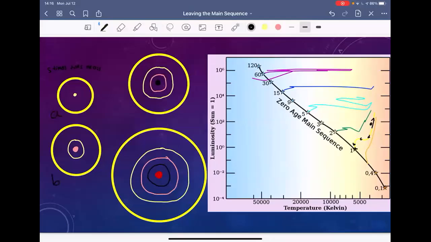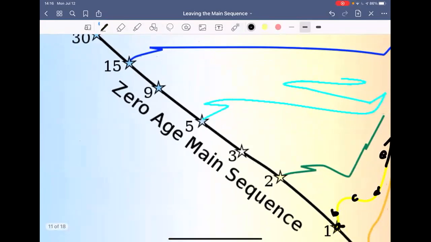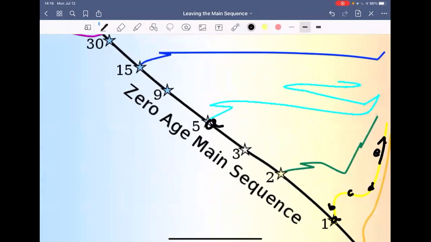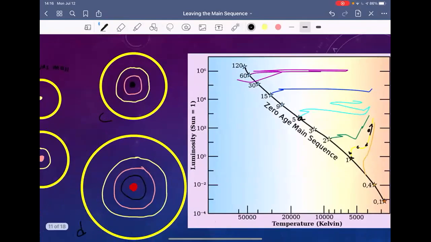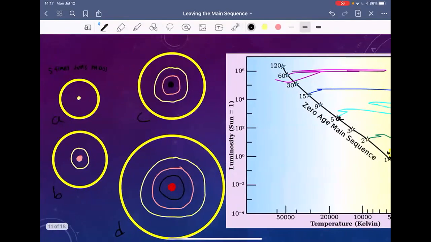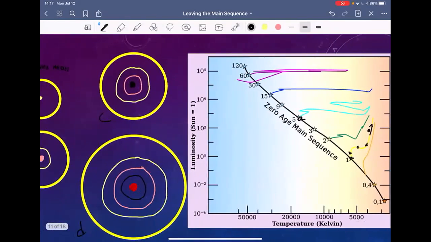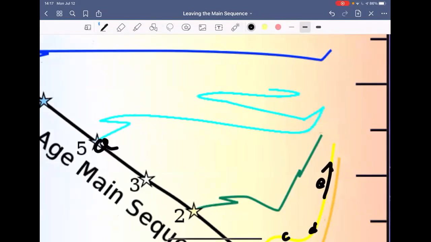A, B, C, D. So our A over here is our normal main sequence star, right? We have B, which is when it begins to start fusing helium. Starts fusing helium here, B, right? Because it transitions over, or no, it should be here.